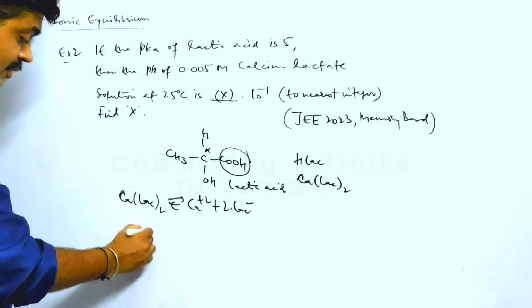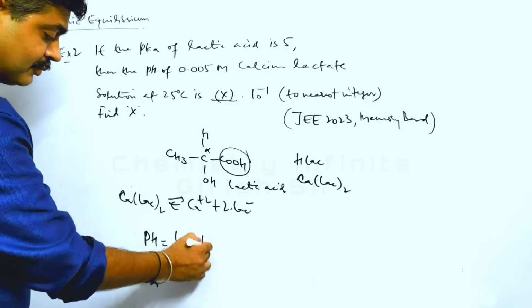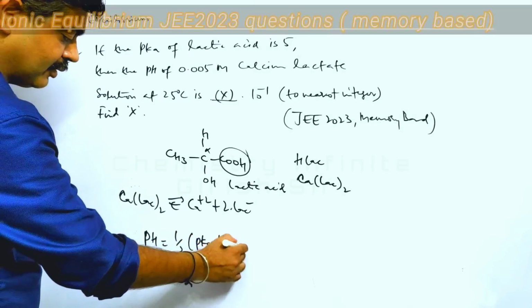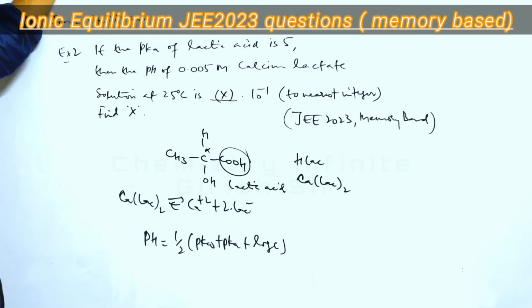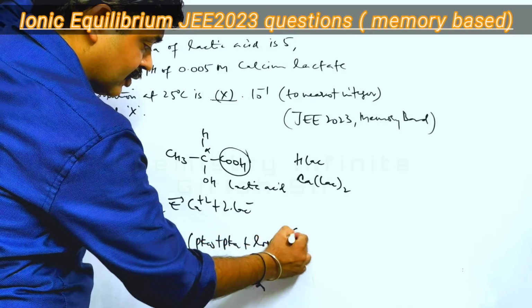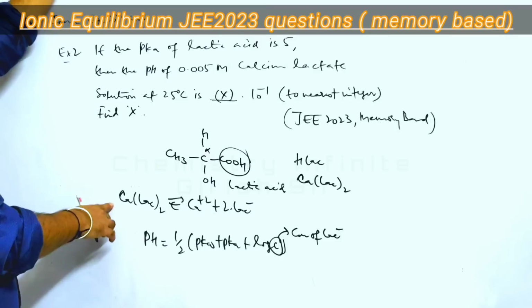Due to anion hydrolysis, pH is given by this formula. You must have done this, everyone. This is how you evaluate the pH of a salt of a weak acid and strong base. Here C denotes the concentration of the anion which undergoes hydrolysis. So this will be the concentration of lactate ion that we have to find.